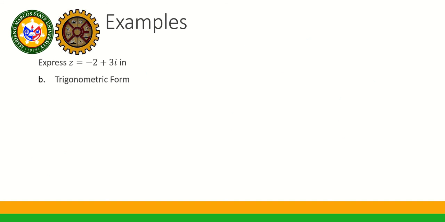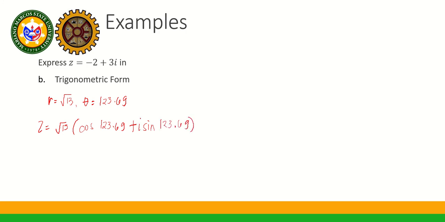So, what's next? Okay, convert naman natin siya into trigonometric form. Isulat na lang natin yung value ng r natin, which is square root of 13, and our angle is 123.69 degrees. So here, sa trigonometric, z is equal to r, which is square root of 13, times cosine 123.69 plus i sine 123.69.